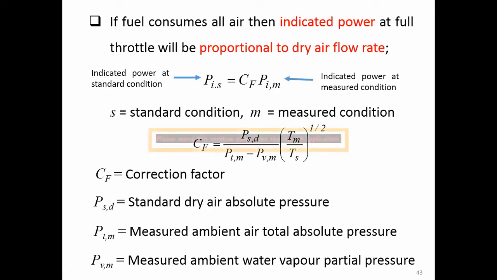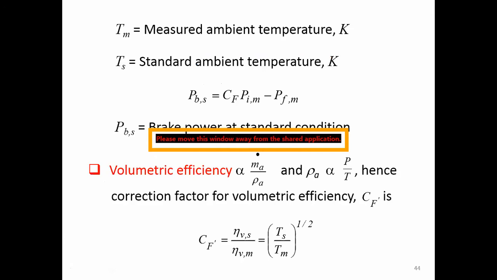And we can convert all these numbers to the numbers at the standard conditions by using the correction factor. Okay, and how about the brake power output at the standard conditions? We talked about the indicated power at the standard condition. How about the brake power output?